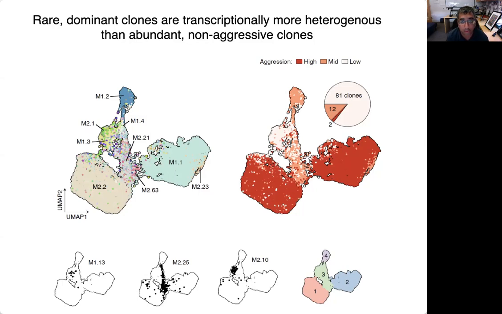Okay, so that's one interesting observation here. We can also calculate an aggression score that you see on the right, based on aspects of how quickly these are inferred to be proliferating. And there again, you can see the dominant clones, but you can also see that within those dominant clones, there's a lot of transcriptional heterogeneity.